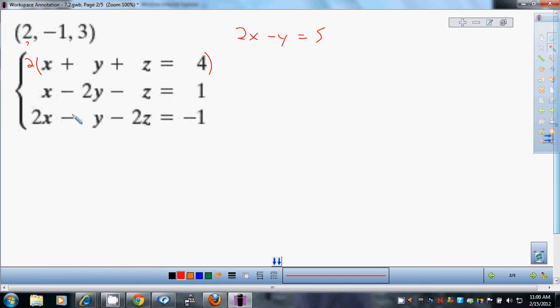Multiply the top one by 2, which I'll rewrite right here: 2x plus 2y plus 2z equals 8. Add it to the bottom one. It gives you 4x plus y equals 7. And just like that, using the addition method, you've reduced it into a 2 by 2 system, which is just what we did yesterday.